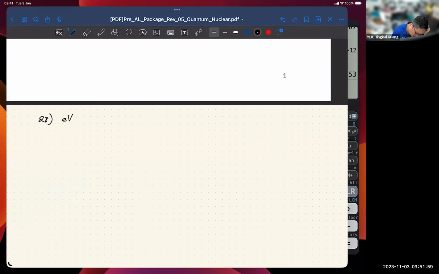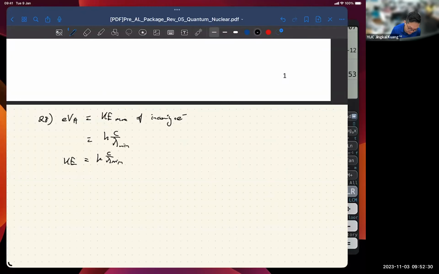This is equal to the KE max of the incoming electron, and this is equal to hc over lambda minimum. So basically the relationship is between your KE max and hc over lambda minimum.